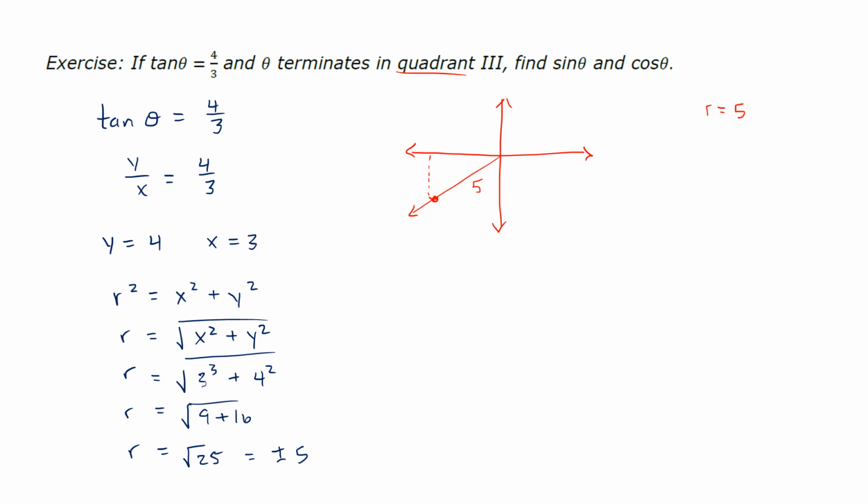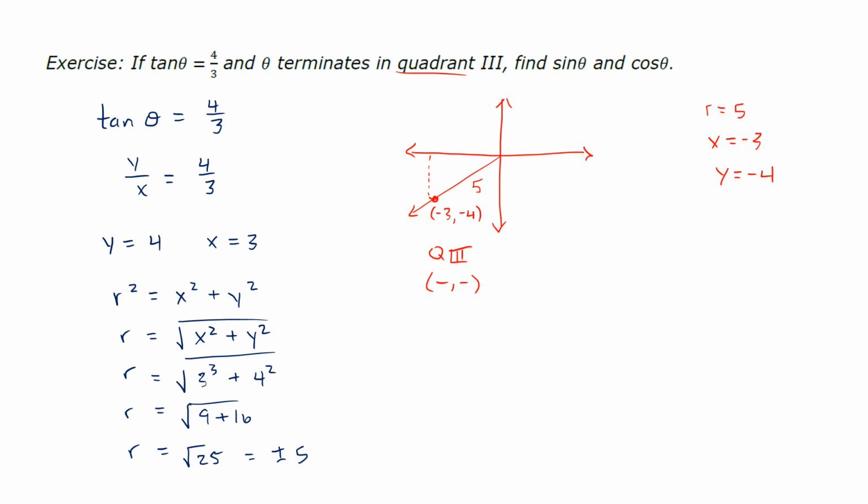Our point is going to be x, y. We know the values of x, y from our ratio, but we now need to determine what are the signs of those values. So in quadrant 3, our x is negative and our y is negative. So then this would be the point -3, -4. So x is -3 and y is -4.